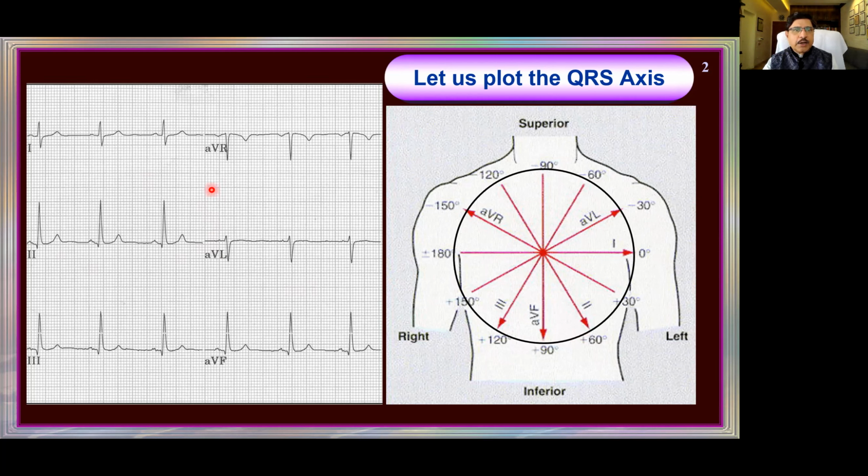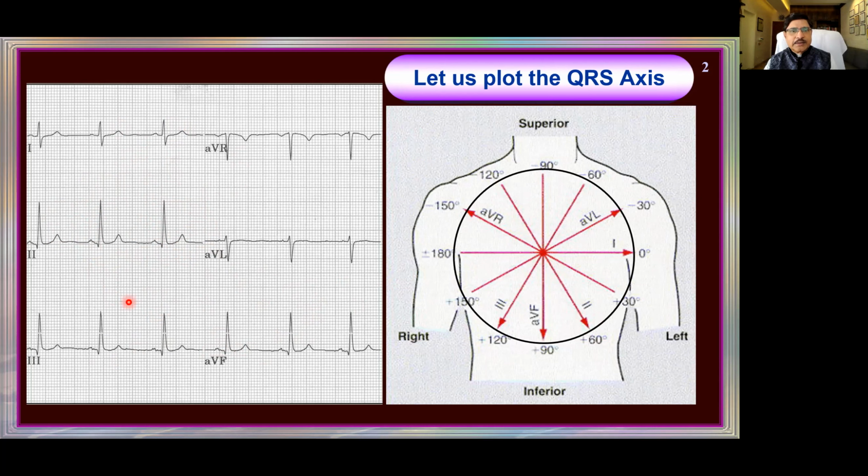Now in this case, L2 is the tallest deflection. So my main axis is in this direction and I know it is positive, so it must be here. If this is going to be negative, then my axis is here, which is a very rare axis. This is the normal axis. You understand? That is one method. The simplest method is right mid, left leave, all being positive normal, the simplest criteria. The second criteria, whichever is the tallest.